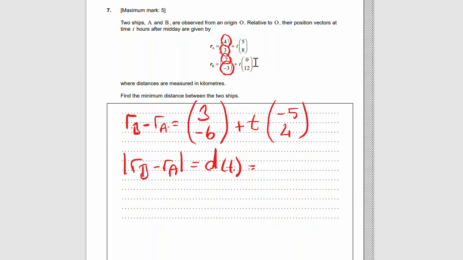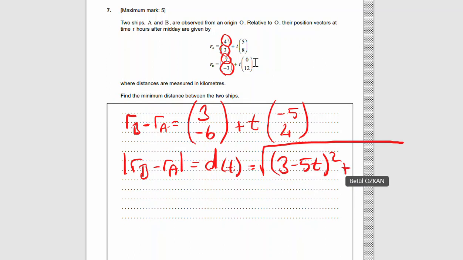By taking the square of the given equations under the square root. So I'm talking about 3 minus 5t square under the root, then plus, I'll do the same thing for the second part, minus 6 plus 4t, minus 6 plus 4t square. Okay, we were identifying distance by using this formula.